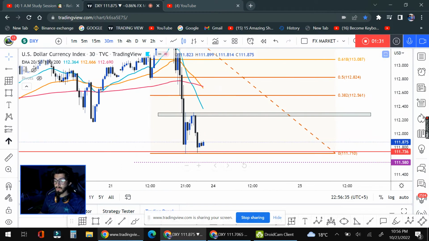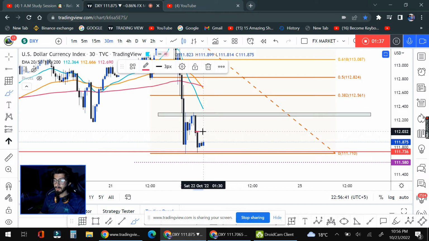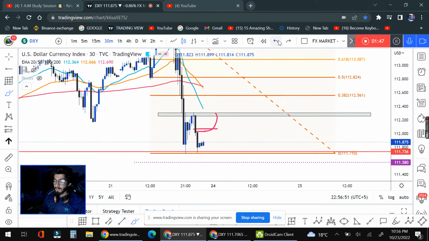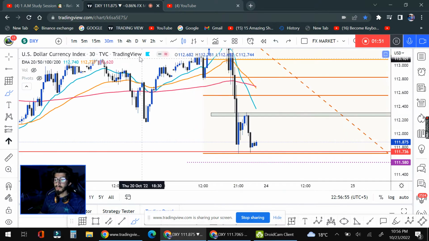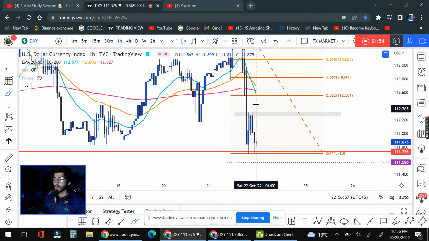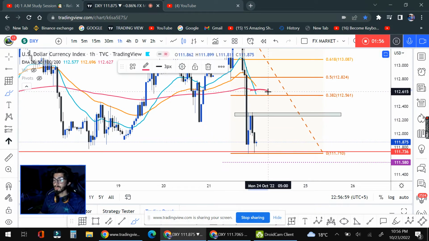So on the Monday open, if price breaks this area to the upside and breaks this previous 30-minute candle, and the next candle closes above this area, our next target is this small zone, small level. And if price breaks this area, this is also a neckline. So we go to test this area, which is around the 112.62 area, the 200 moving average.